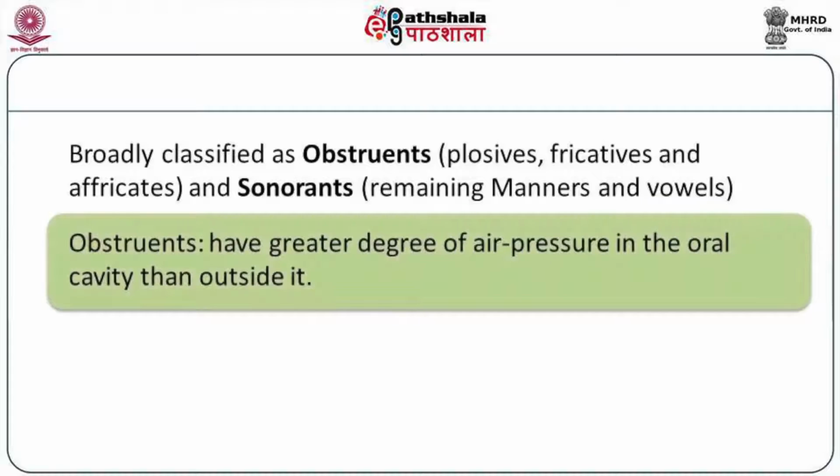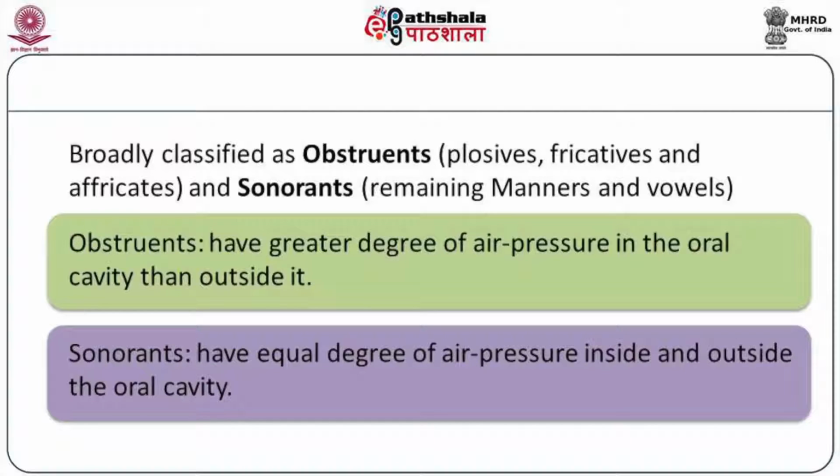Obstruents are consonants in the production of which there is a considerable degree of obstruction or constriction. The result is that there is unequal air pressure in the mouth and outside the mouth in the production of obstruents. Thus, when you say p, there is greater air pressure inside the mouth than outside the mouth.